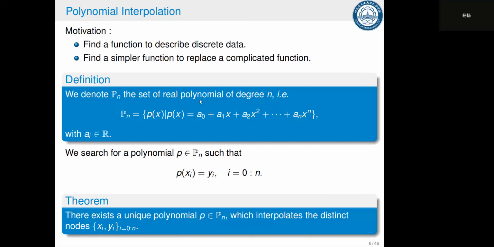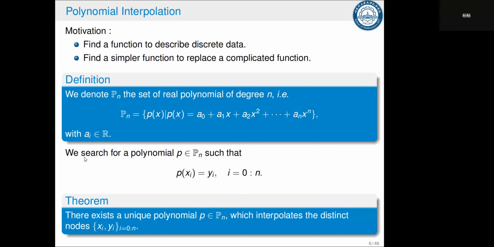This is a polynomial of degree n. Of course, all a0 to an are constants, real numbers. And of course, if it is a polynomial of degree n, then an cannot be equal to 0. an is different from 0.